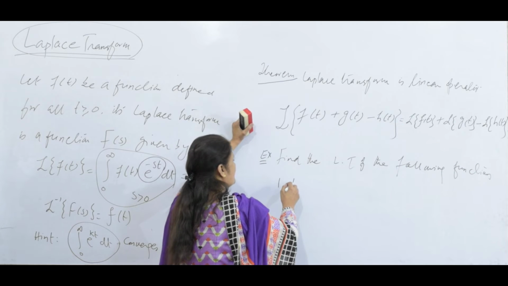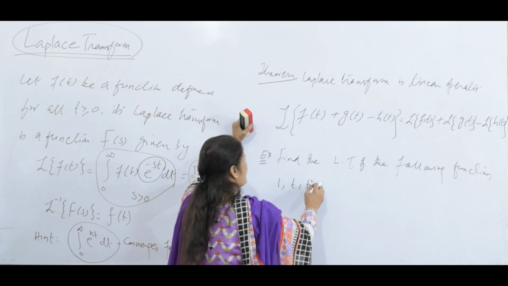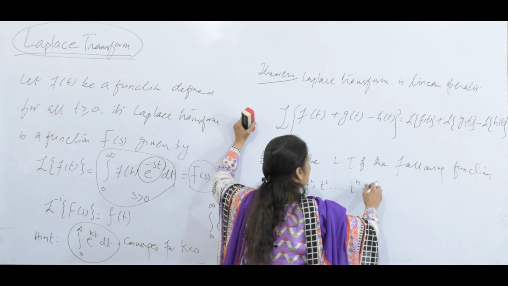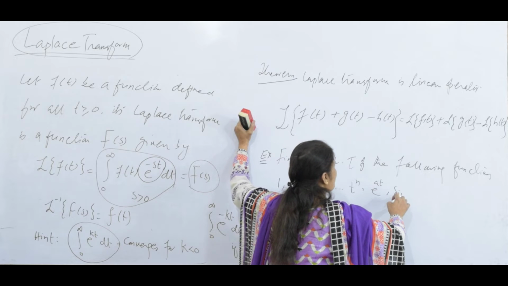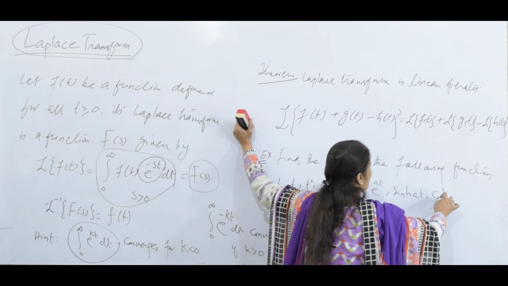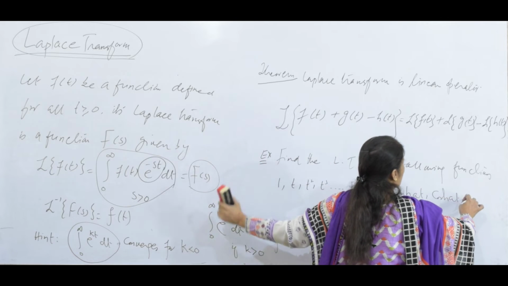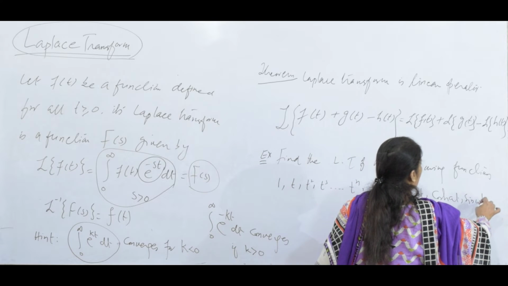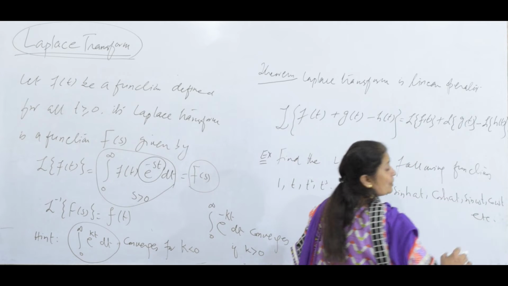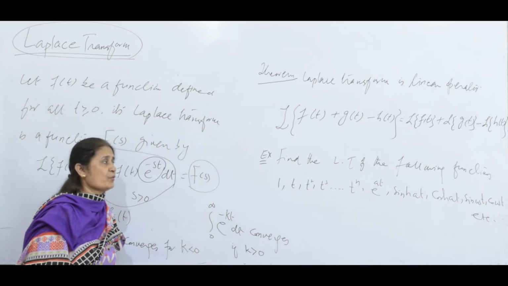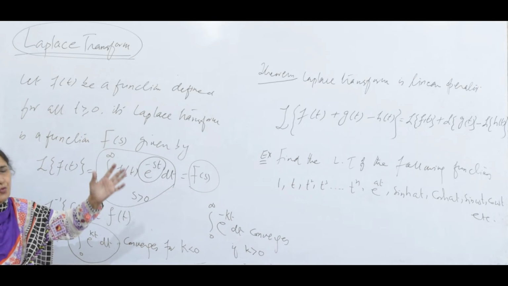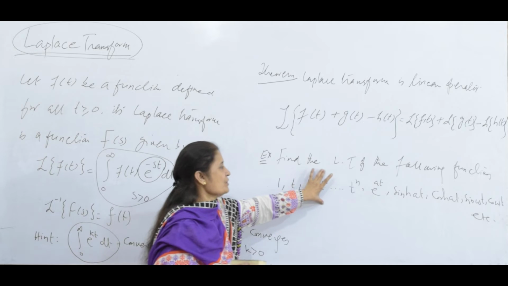This is 1, t, t square, t cube, t^n, and this is e^(at), this is sinh(at), this is cosh(at), this is sin(ωt), this is cos(ωt), etc. So we will have a couple of functions to find the Laplace transform of, and the whole Laplace transform revolves around these functions.